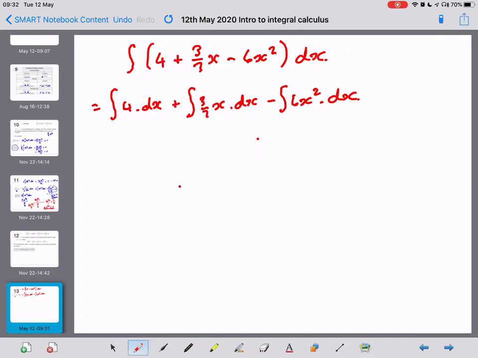It's equal to the integral of 4 dx plus 3/7, taking the constant outside, the integral of x dx, minus 6 integral of x squared dx.